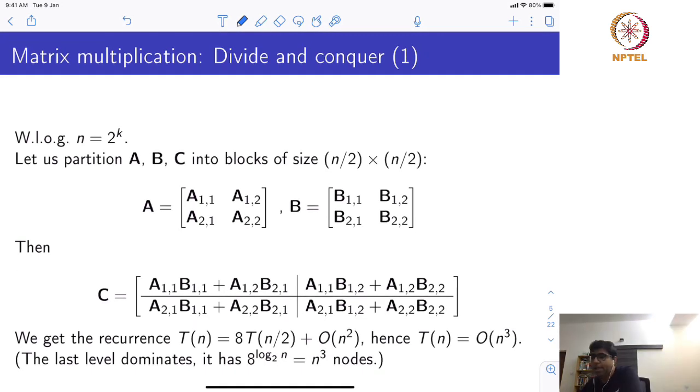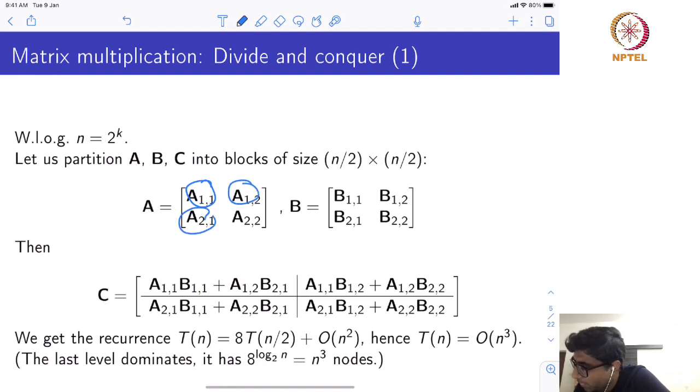Okay. But there is also a very simple divide and conquer algorithm. Suppose you take n equal to 2 power k without loss of generality. You divide A, B, C into blocks of size n by 2 cross n by 2, and so on and so forth. And what is C1?